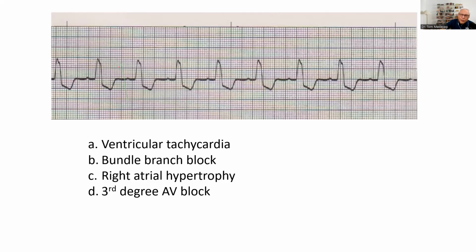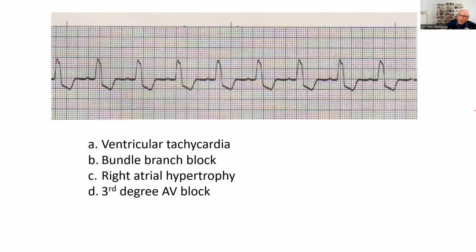So how did we know that this is a bundle branch block? Well, we knew because there's an abnormality of the QRS complex. The QRS complex is going to be 0.12 or greater. A normal QRS complex should be less than 0.12.